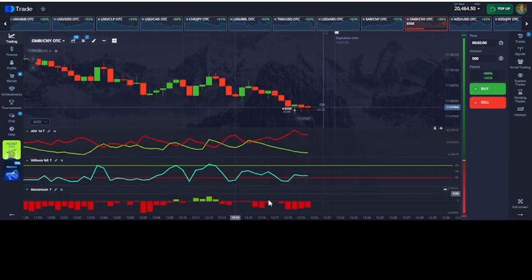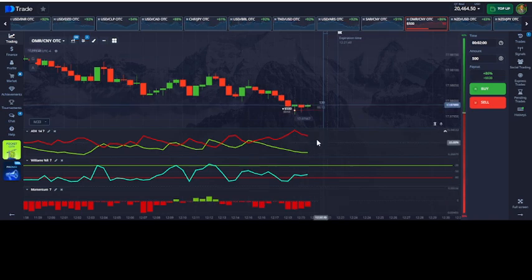And then here the momentum indicator shows us the histograms are printing below the zero line. So all these confluences suggest a continued bearish trend in the price of the currency pair here.